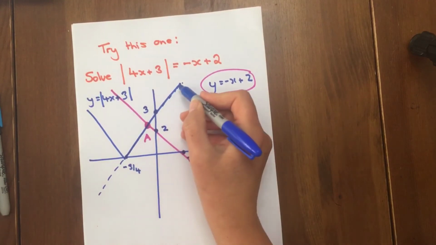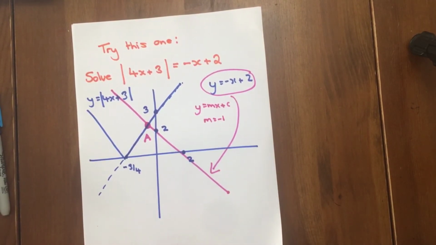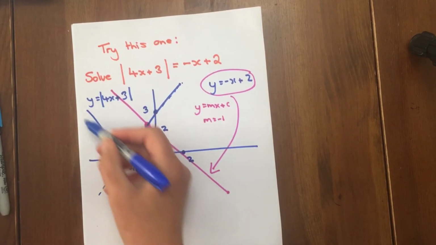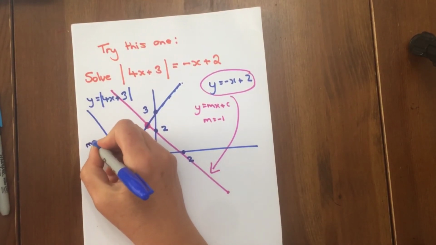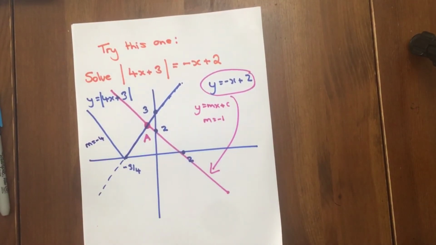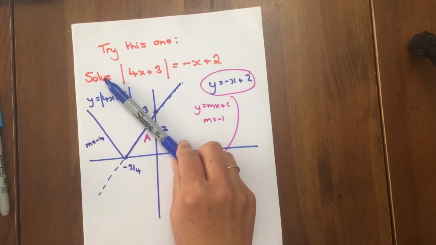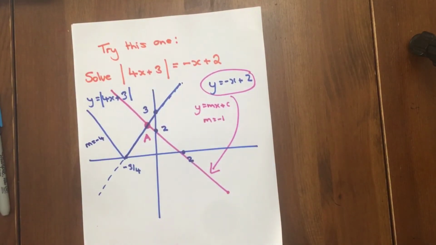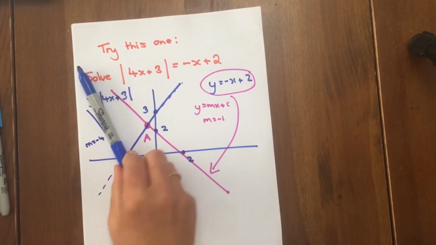The gradient of 4x plus 3 will be 4, and so therefore this gradient will be -4. So this line is steeper than this line. So eventually, yes, they will intersect, because obviously -4 is steeper than -1.